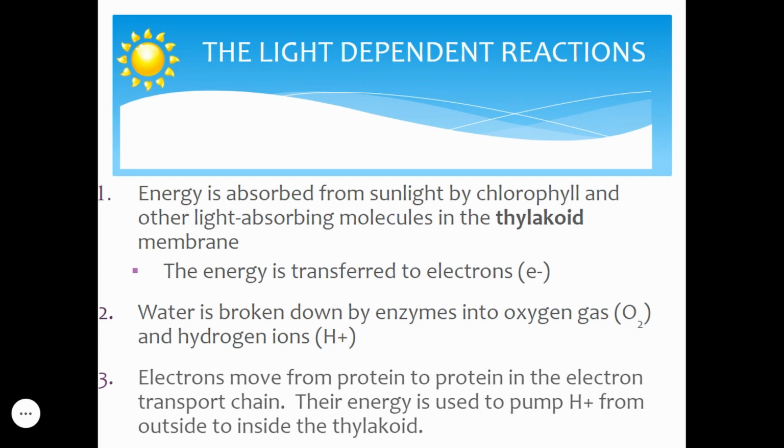And so they get really super happy and they jump from protein to protein. And as they jump, they give each protein a little bit of energy. Their energy is going to be used to move hydrogen against its concentration gradient into the thylakoid. This hydrogen is really important, and in a moment, I'm going to tell you why.